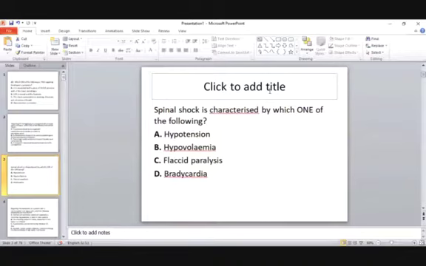Hypotension, hypovolemia and bradycardia are seen in neurogenic shock because of the involvement of the sympathetic nerves and because of the vagal predominance. And flaccid paralysis comes in the early stage of spinal shock, and after that comes spasticity.